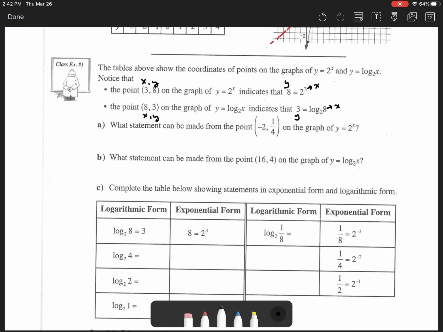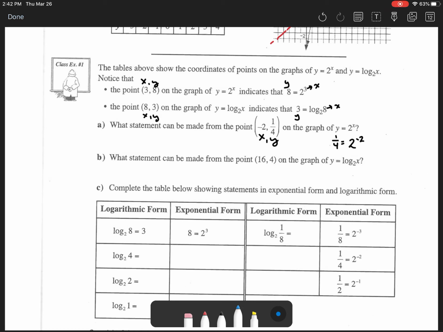So they're going to ask me to do a very similar thing here. It says, what can we say about the point (-2, 1/4) on the graph y equals 2 to the x? Well, this is an x value, and this is a y. So simply I go into the equation, and for y I put 1/4, and for the value of x, I put in -2. So you can state that 1/4 is equal to 2 to the exponent of -2.